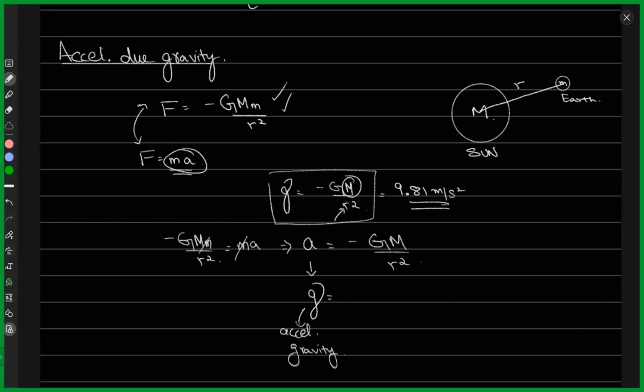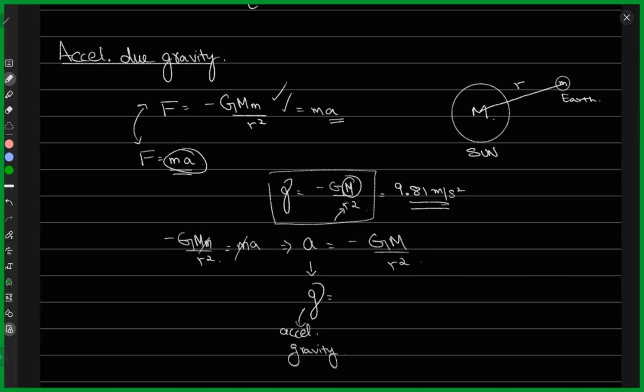My point over here was just to explain where this value comes from. It comes from the force of attraction between two masses. Then you can say that this force is responsible for some acceleration, and hence I can equate this to mass times acceleration, and then find the expression for acceleration really.